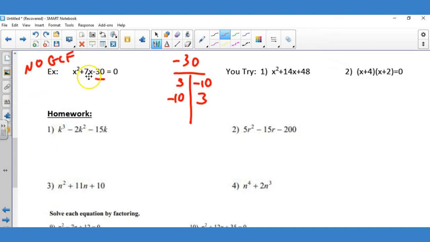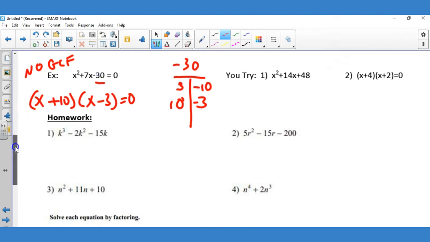So 3 and negative 10 is negative 7, that's the wrong sign. How about 10 and negative 3? 10 minus 3 is 7. So those are my factors. You have x plus 10 and x minus 3 equals 0.